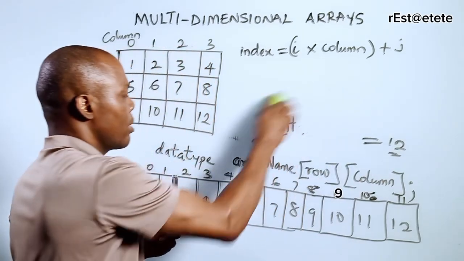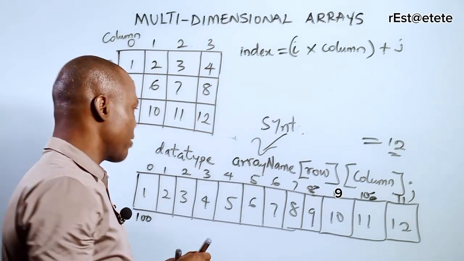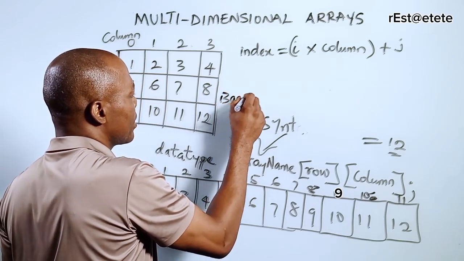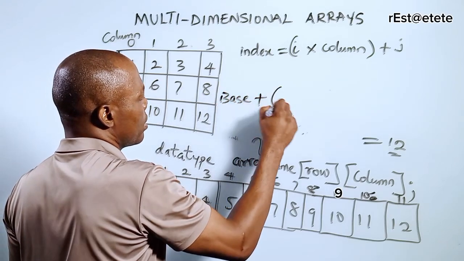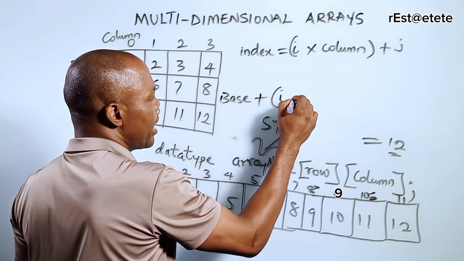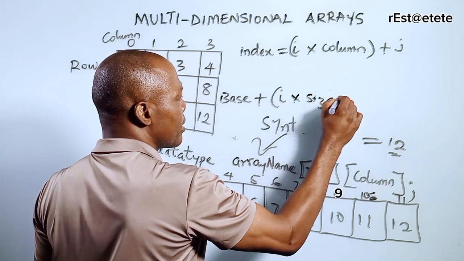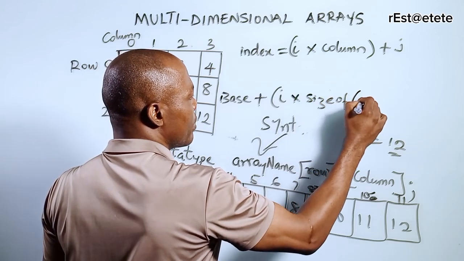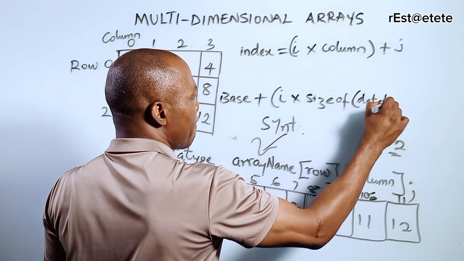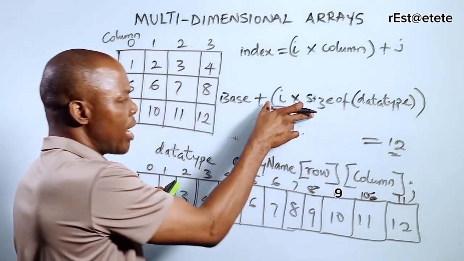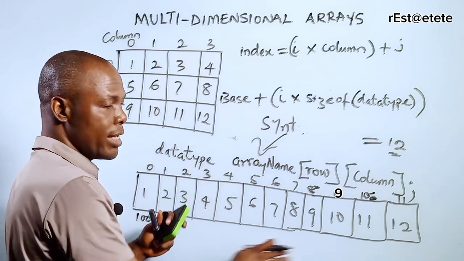For us to calculate the address of 12, we need base address plus I, which is the index, multiplied by what? Size of data type. This is how we are going to calculate the address.